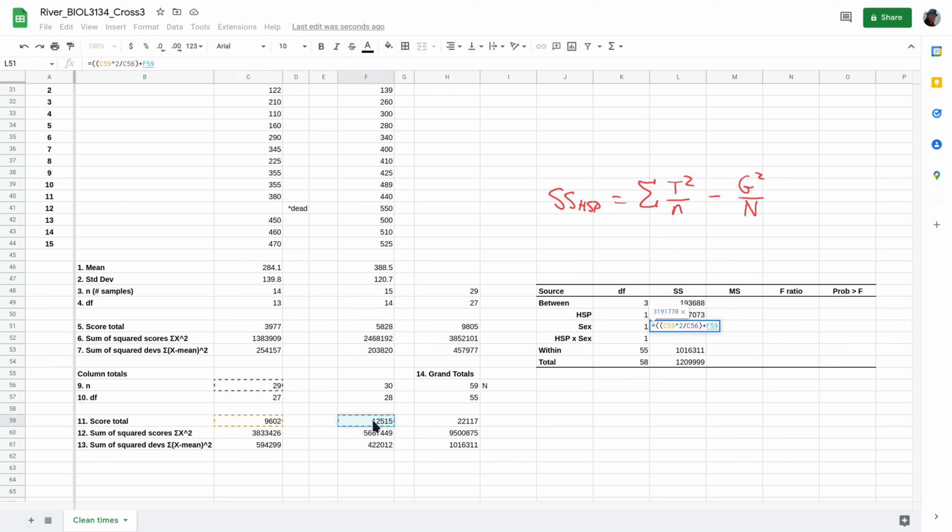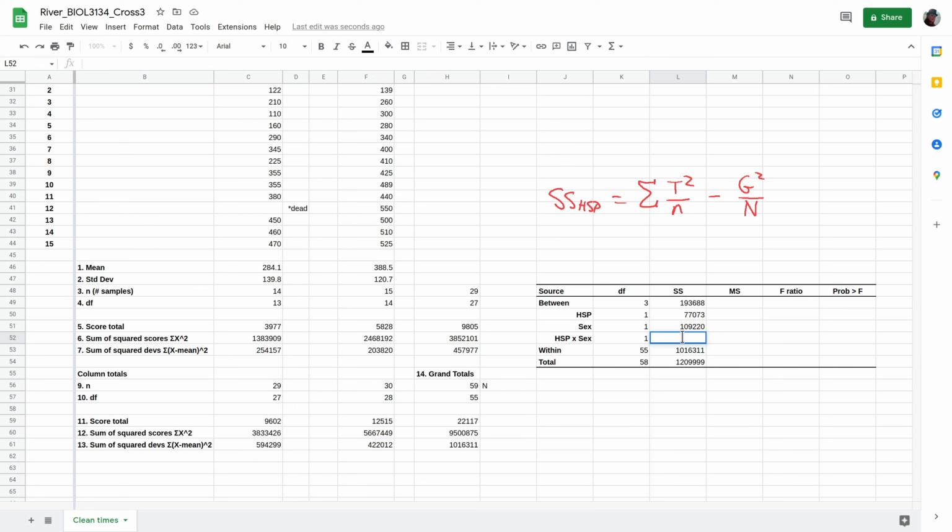So the score total here, we'll square it and divide by the n for this column. And then we subtract that same G squared over N value. So our score total squared divided by our capital N. Close that up. Okay, there we go.